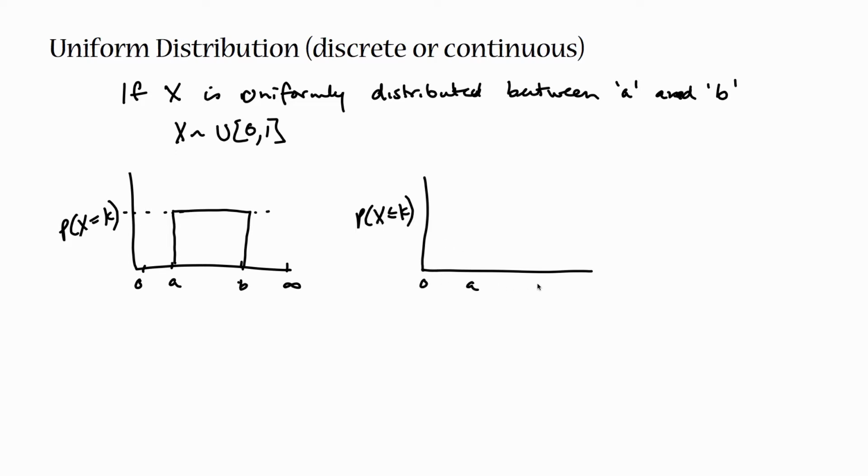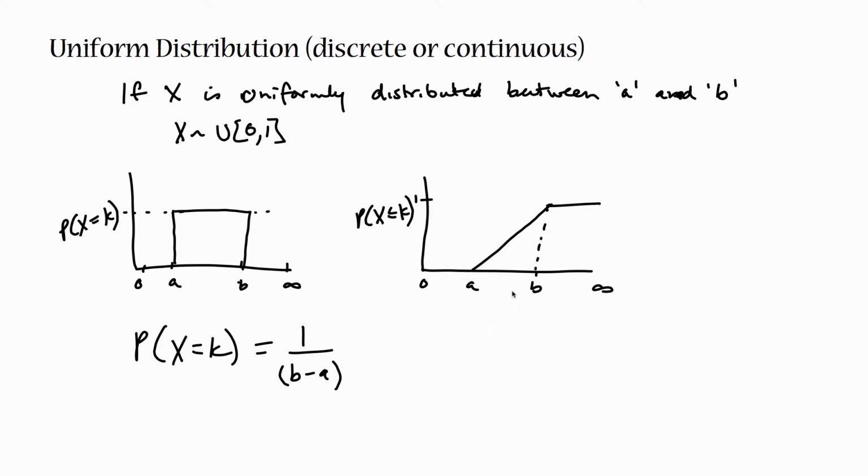Here's 0, here's a, here's b, here's some big number. You're just going to get a straight line between a and b. So given that we've defined the uniform distribution to make this true, that means that the probability density function is given by, at any point between a and b, 1 over b minus a.